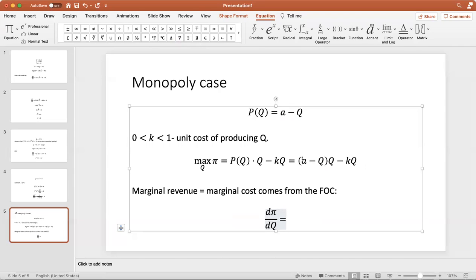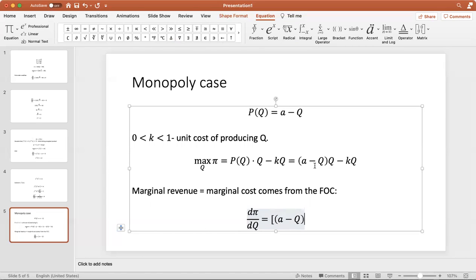Using the product rule, you have two functions here, and you need to use the product rule. So you have A minus Q, plus, or actually it's going to be minus. Let me put some brackets here. This actually becomes a minus.